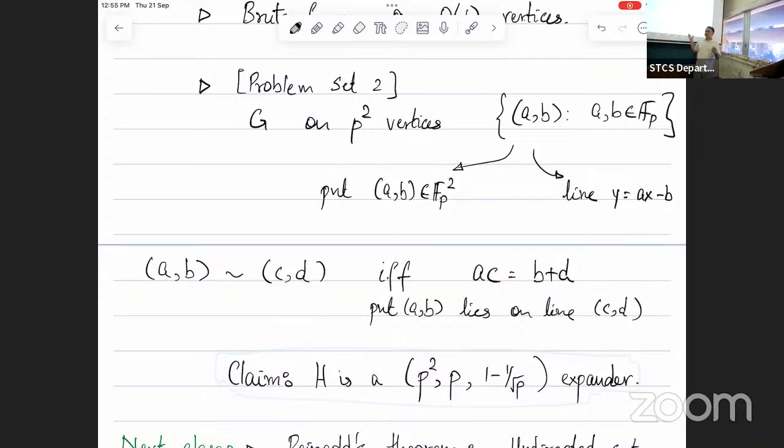And so now that you have a decent expander, you can play around with your powering, tensoring, and so on, and get whatever you want from it. That part, you will have to try out your own way of doing it. In Salil Vadhan's notes, he starts with this graph and tells you how to build this d power 8 comma d comma half sort of graph that you wanted by a couple of operations on top of it.